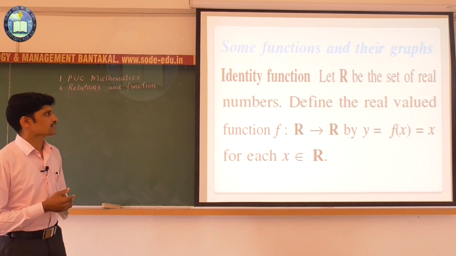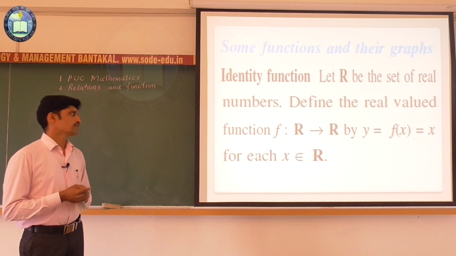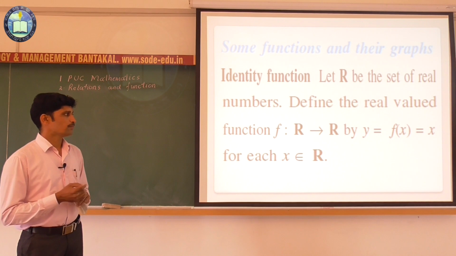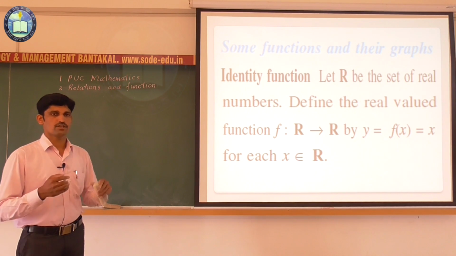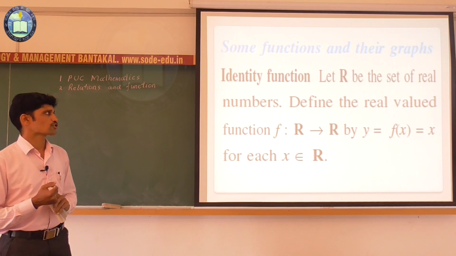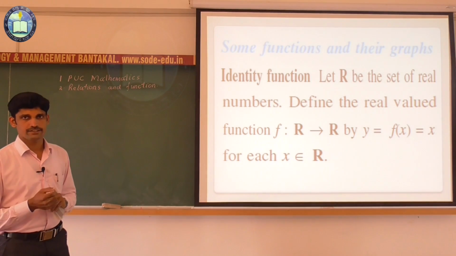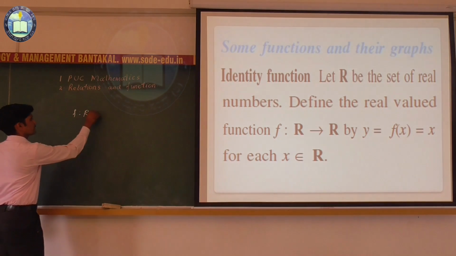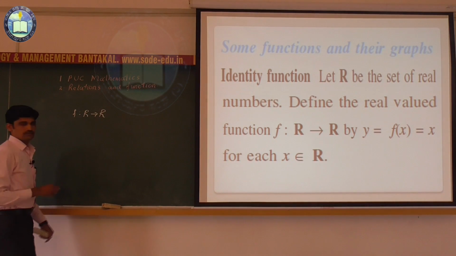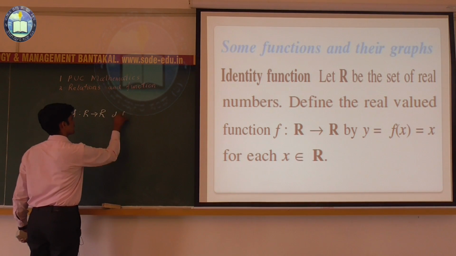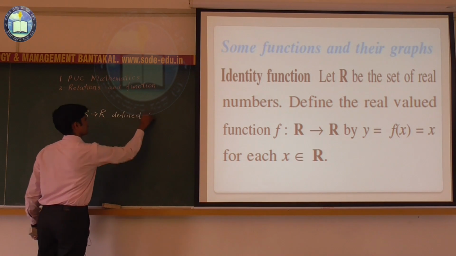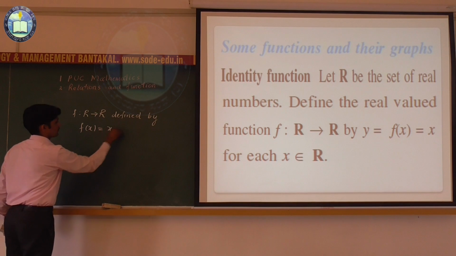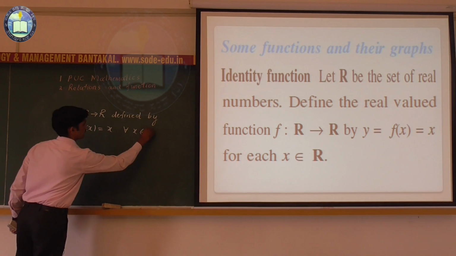Let R be the set of real numbers. Define the real valued function f from R to R by y is equal to f of x is equal to x for each x belongs to R, is called identity function. A function f from R to R defined by f of x is equal to x for all x belongs to domain.